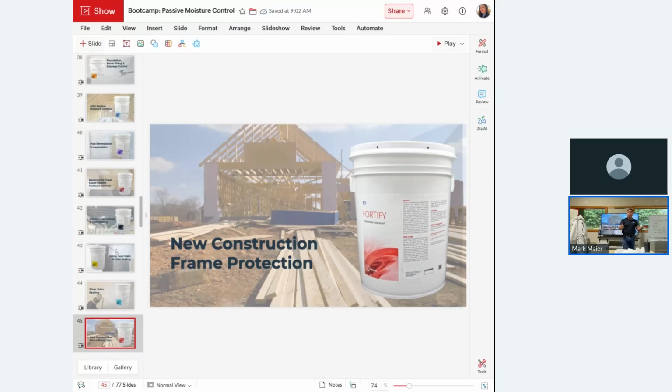Because remember, when you go from the sticks to erecting walls and things like that, now you've got to dry it in. You came to the table from the lumberyard with a mold problem. Hopefully it's been remediated, but now we need something in a dry-in situation, because all this moisture is going to be coming out of that wood as it dries over time, potentially rebuilding moisture content and another mold problem.